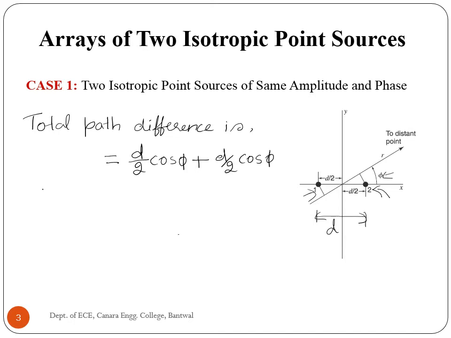At a distant point in the direction of phi, the field from source 1 is retarded by d/2 cos phi, while the field from source 2 is advanced by d/2 cos phi, which is equal to d cos phi. Therefore, the total path difference is d/lambda cos phi wavelengths.